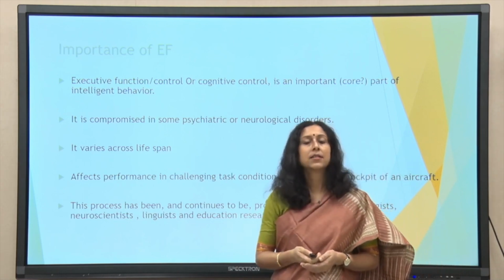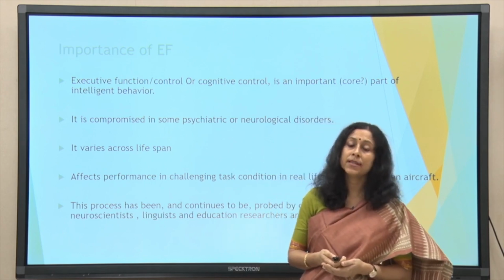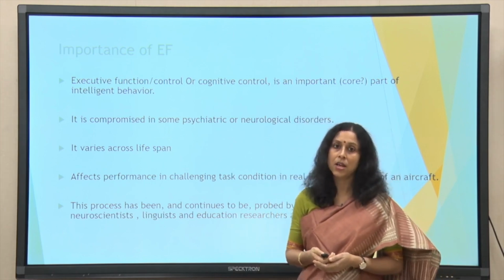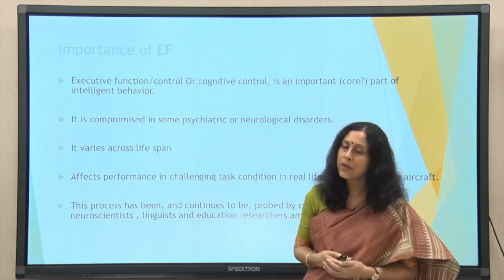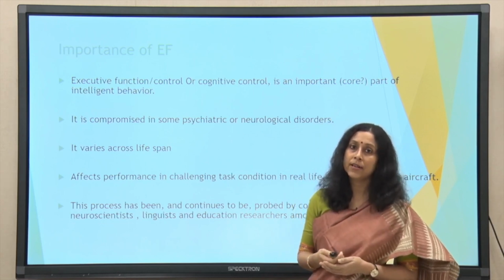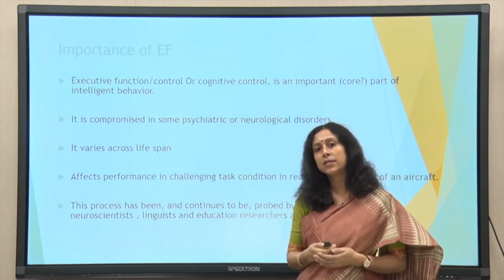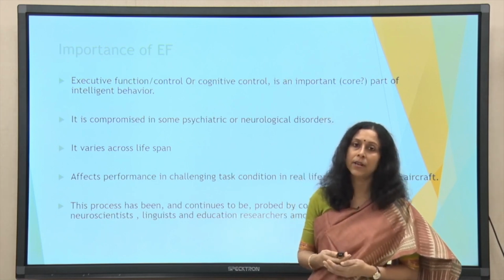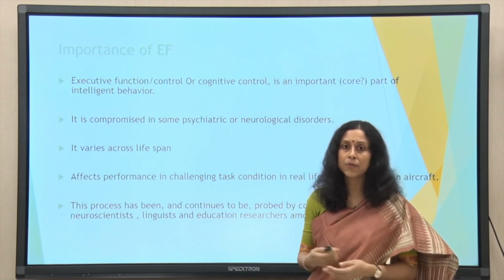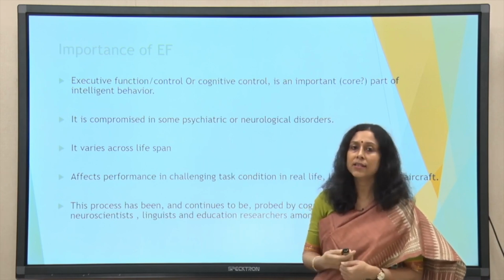Executive function also affects performance in challenging task conditions. Why is it important? Because executive function is at the core of human intelligent behavior, and that is what decides how we behave, what the output of our behavior or any verbal output is in a challenging task condition.